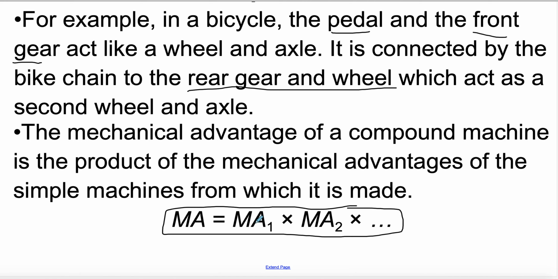Say the bicyclist is pedaling. Mechanical advantage 1 would be the pedals and the gear. Mechanical advantage 2 would be the rear wheel and the rear gear, because that's what is making the bicycle go. So we'd multiply those two values to get the mechanical advantage of the bicycle.